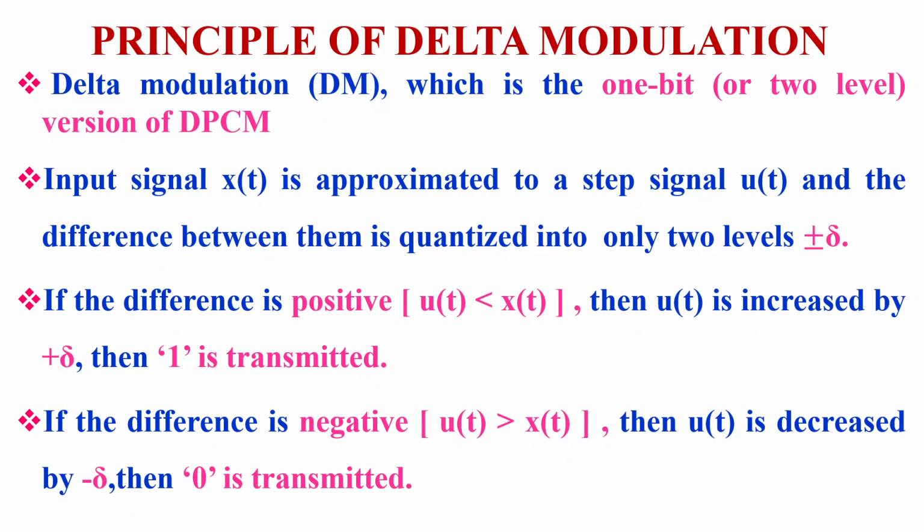If the approximated signal u of t is greater than the signal x of t, then u of t can be decreased by minus delta, then 0 is transmitted. This is the concept that is applied for delta modulation.